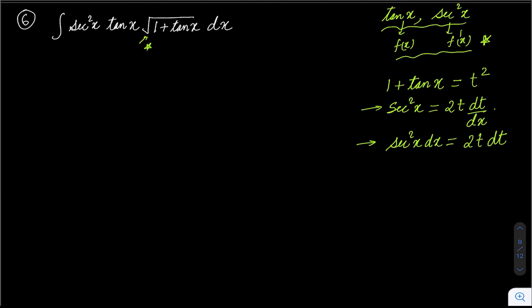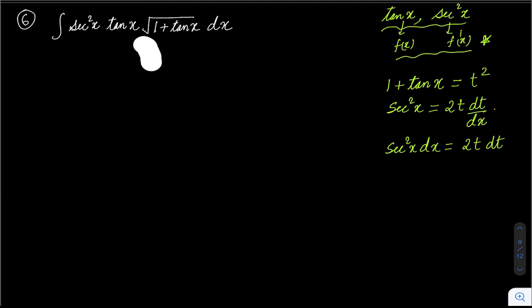Whenever I am differentiating x terms, I will just write dx at the end. Whenever I am differentiating t terms or u terms, I will write dt or du at the end. So some use the first one, some use this also, whichever you like, it's okay. Both are the same thing. Not much of difference is there. Anyways, we have followed the first method. So from this I am getting secant square x dx as 2t dt.